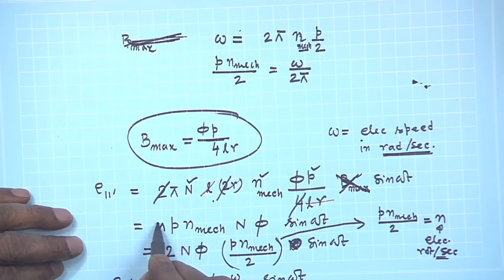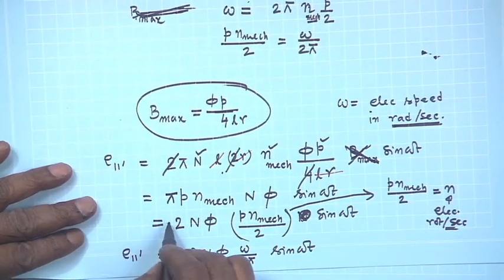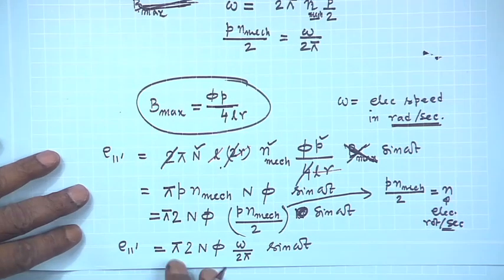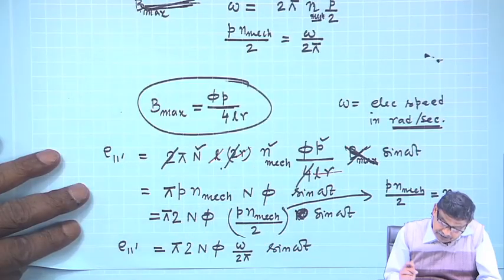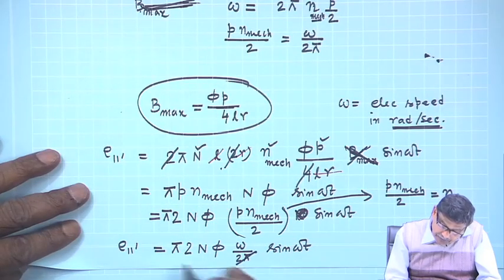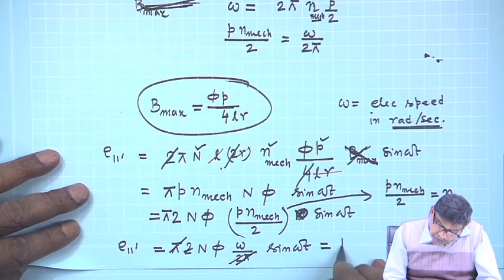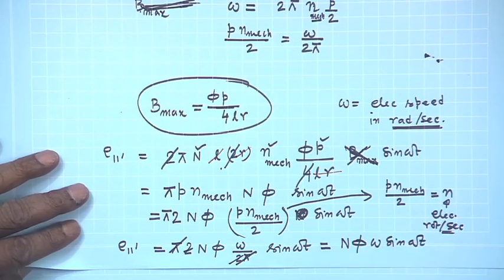I missed one pi here. There was a pi here, correct? So, there was a pi here and there was a pi here. Now, I am happy. So, I missed some pi as you can see from this step to this step. So, this pi will go and this 2 will go. So, your induced voltage will be n phi omega sin omega t.